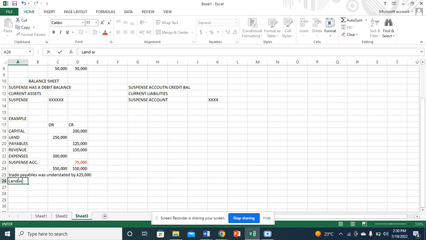Land was overstated by 30,000. Overstated, overcast, understated, undercast, same thing. All right, then we see expenses. Expenses were overstated or overcast by.